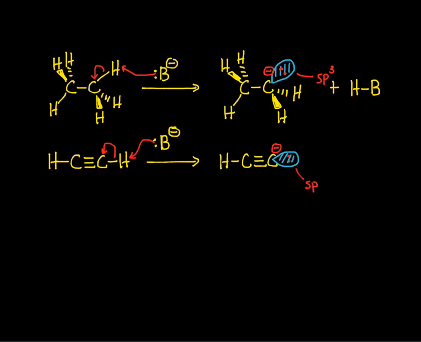The electrons can be stabilized because they can penetrate into the nucleus much better than the electrons in an sp3 orbital. Again, we get HB as a byproduct. So we can talk about the stability of the conjugate base: the conjugate base is stabilized if the orbital has more s character in it.